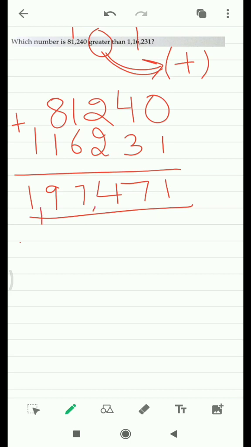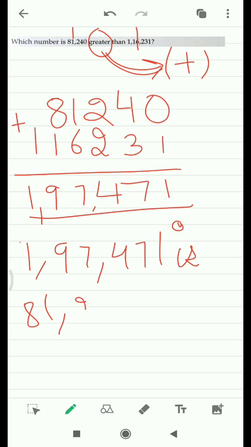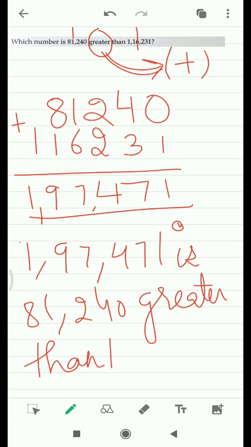So your answer comes out to be 1,97,471 is 81,240 greater than 1,16,231. That's all.